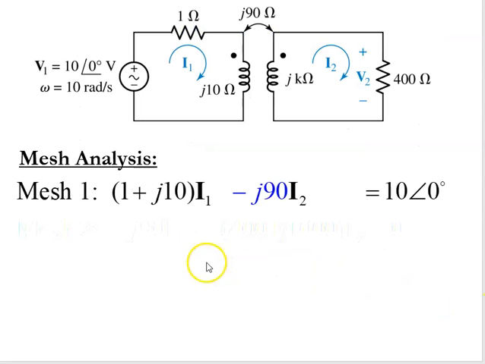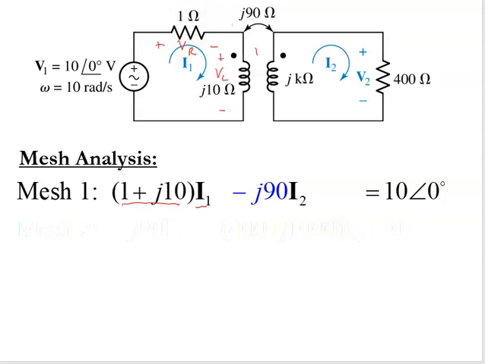So what we want to do here then is write our mesh equations. When we go to write our first mesh equation, we have I1 flowing through 1 plus j10 ohms. So we write (1 + j10) times I1. But why do we write it like that? There's our VR, and we'll put it on this side, this direction. There's our VL, right?